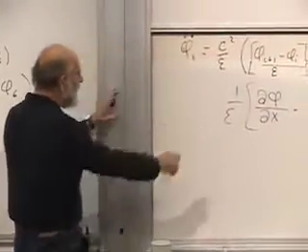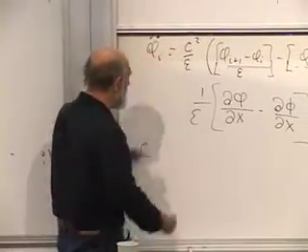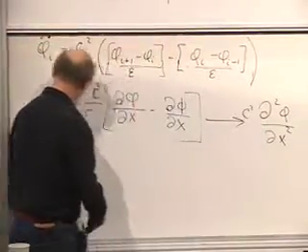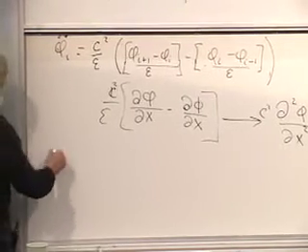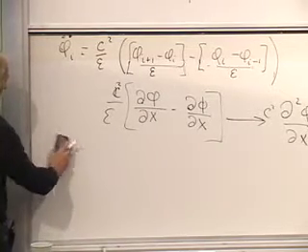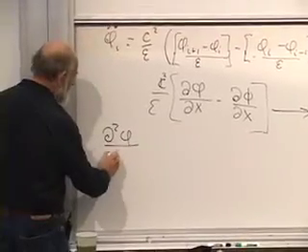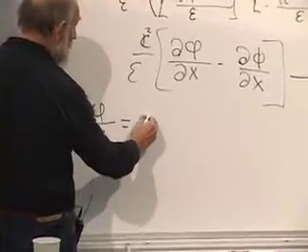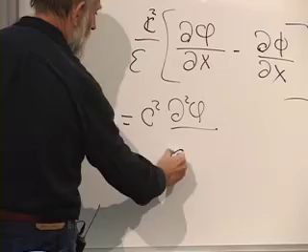So here we are. Here's the final equation. Phi, oh, what happened to c squared? We left out c squared. The second partial of phi with respect to time squared is equal to c squared times the second partial of phi with respect to x squared.